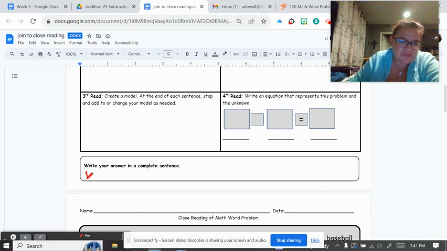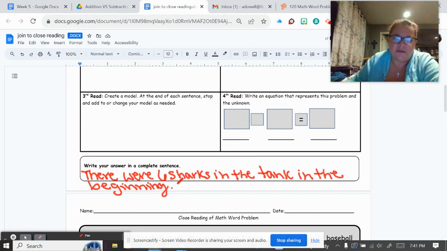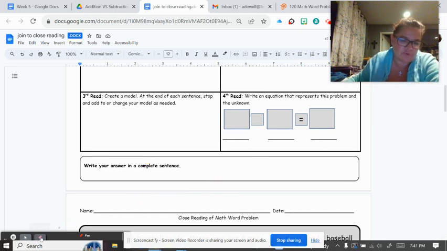So there were 6 sharks in the tank in the beginning. Notice I have to write my answer in a complete sentence. Okay, so that's going to be very, very important.